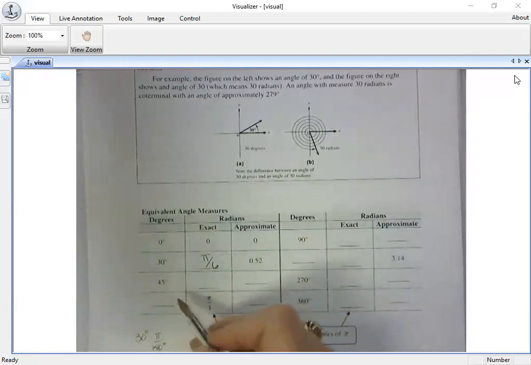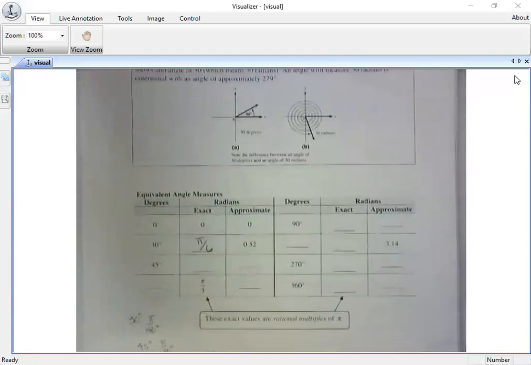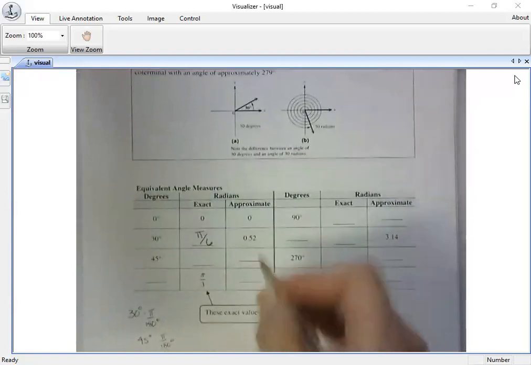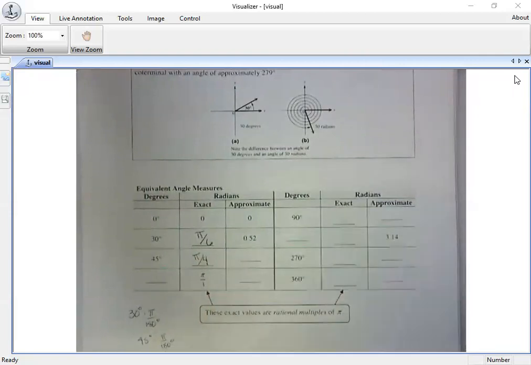45. Let's get an exact measure in radians on that. So what happens if you do 45 times pi over 180? You're going to get... how many times? 3. Isn't it pi over 4? Yeah, 180 divided by 45 will be 4.